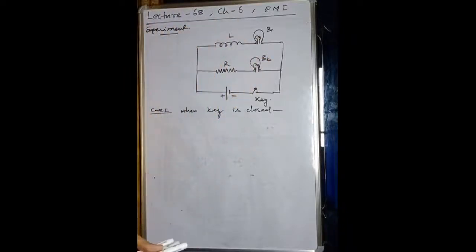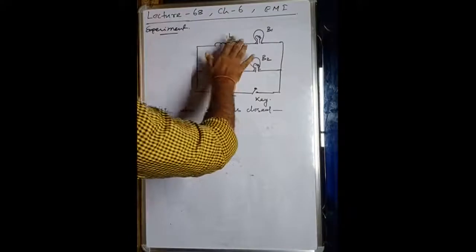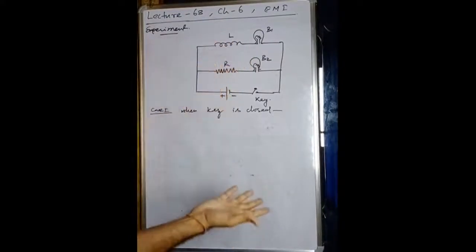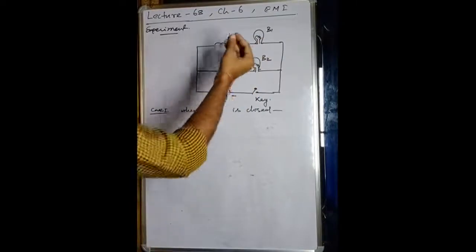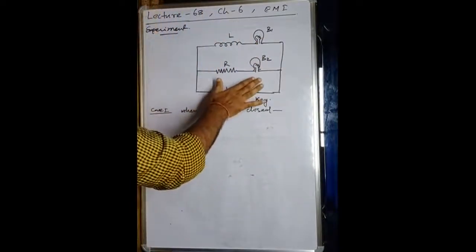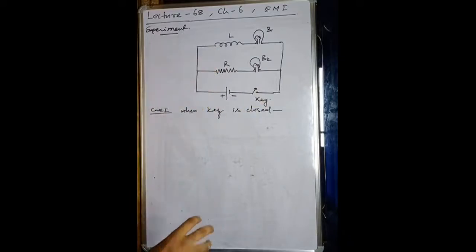Once established and the current becomes steady, the bulb will glow with its actual power, as bulb B2 is glowing. Remember, both having the same resistance will draw the same current.